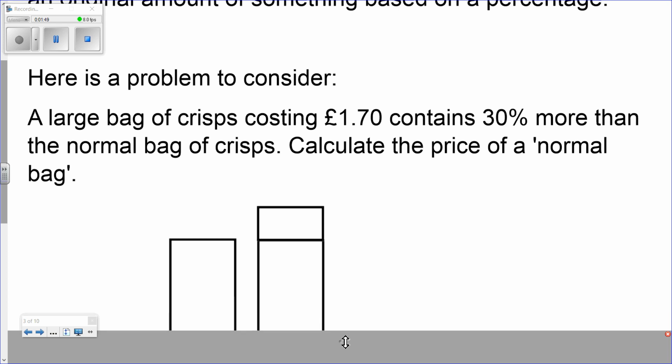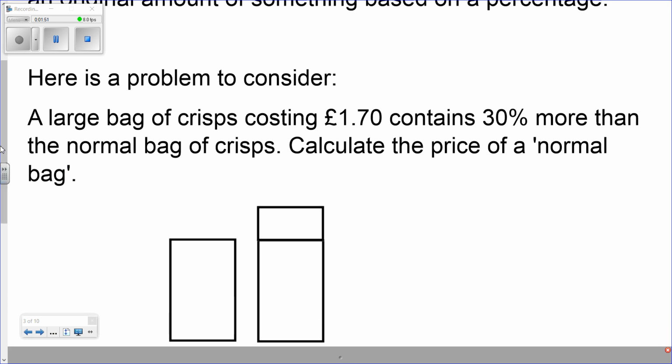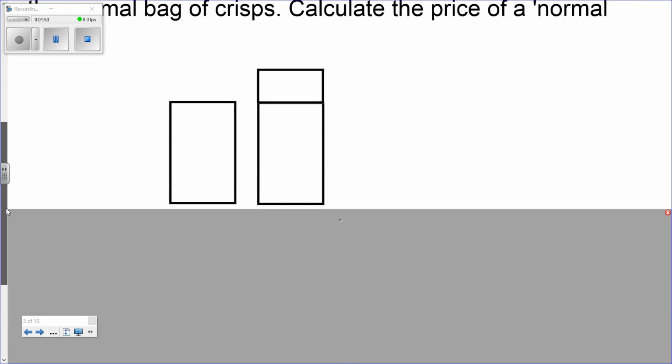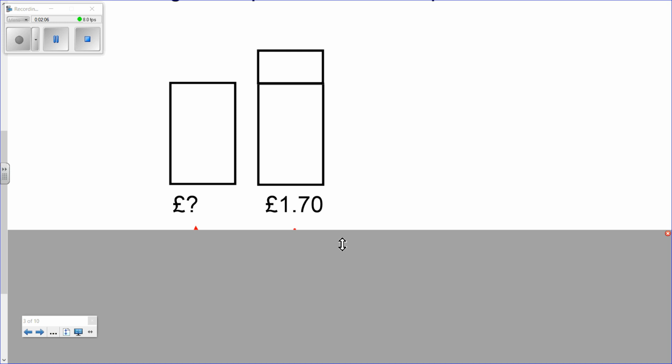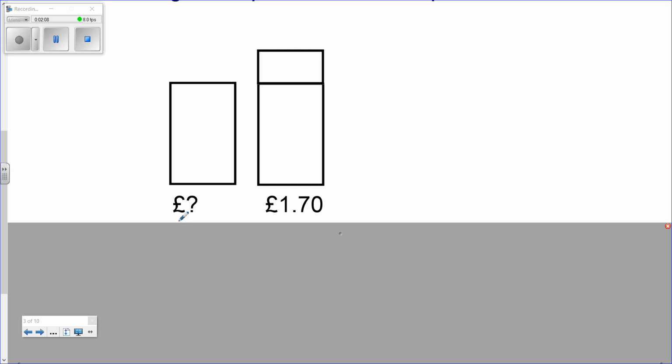So let's create a little diagram for this. Let's say that on the left-hand side here, you've got your normal bag of crisps. And on the right, you can see the size of the normal bag, but then we've got another 30% on top of that. And we know that we are looking for the price of that normal bag before we started.